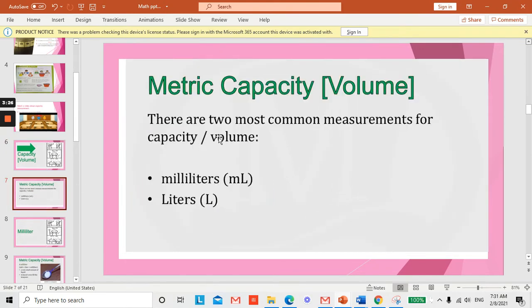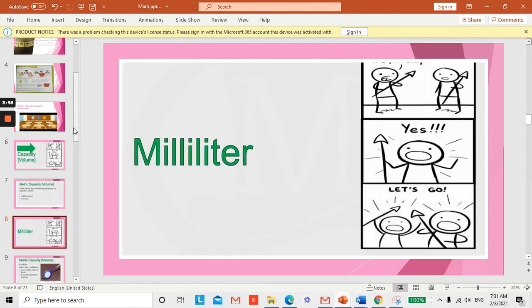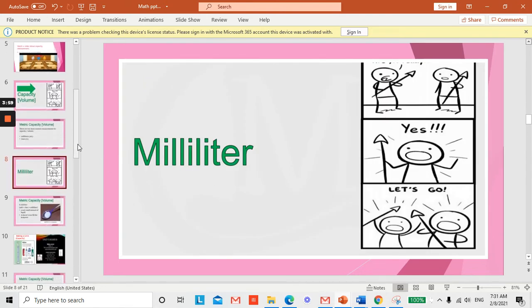There are 2 most common measurements for capacity and volume, and that is milliliters, which we write ml, and liters, which we write L, capital letter L. Let's start with milliliters.